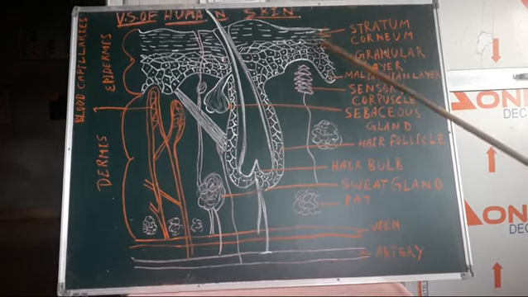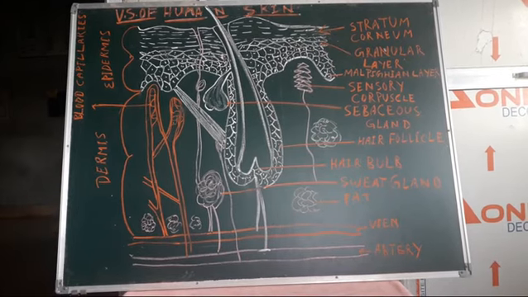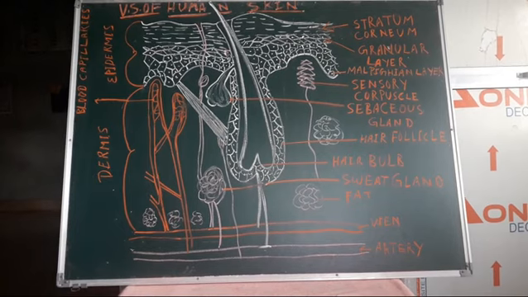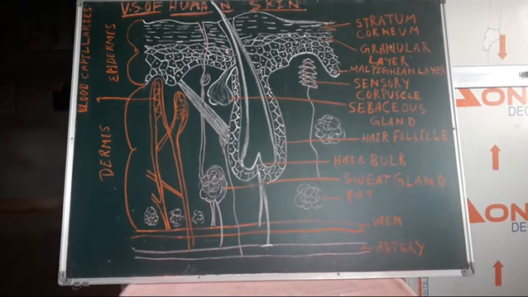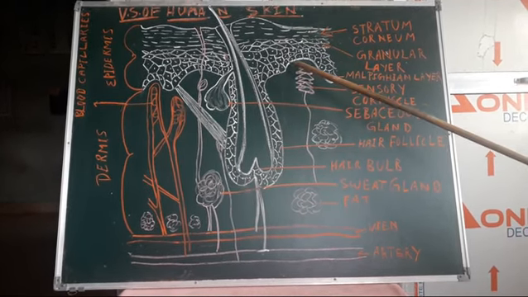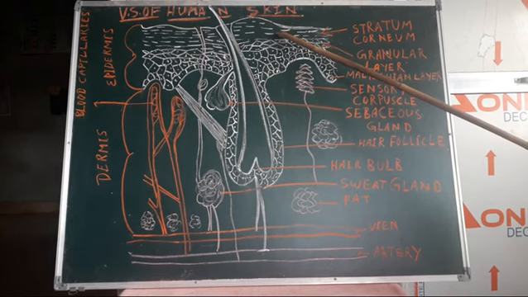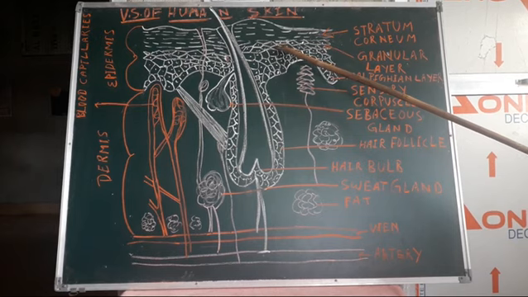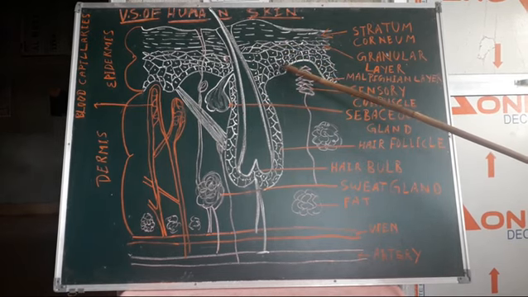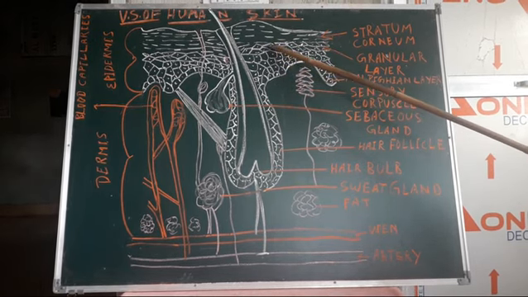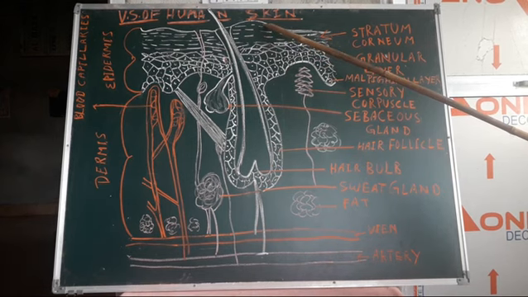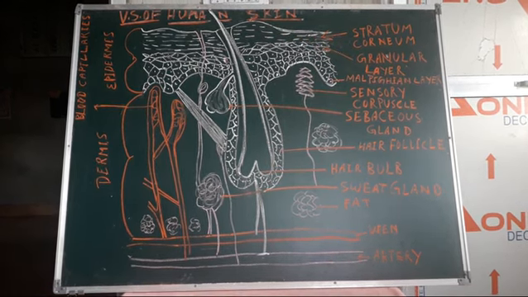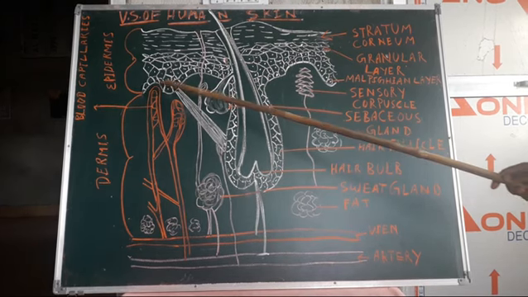Here it is shown only 2 layers. This is the outermost cornified layer, and this granular layer gives way for the deeper layer to become the cornified layer. And the third one is the Malpighian layer.